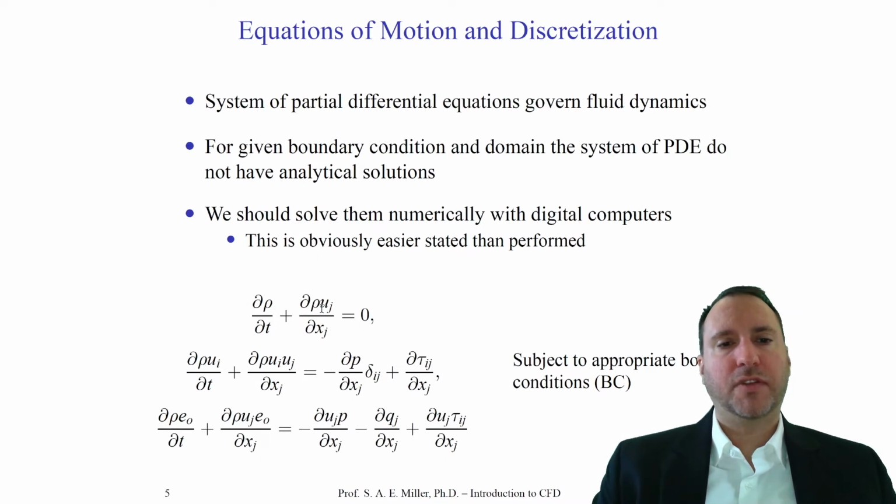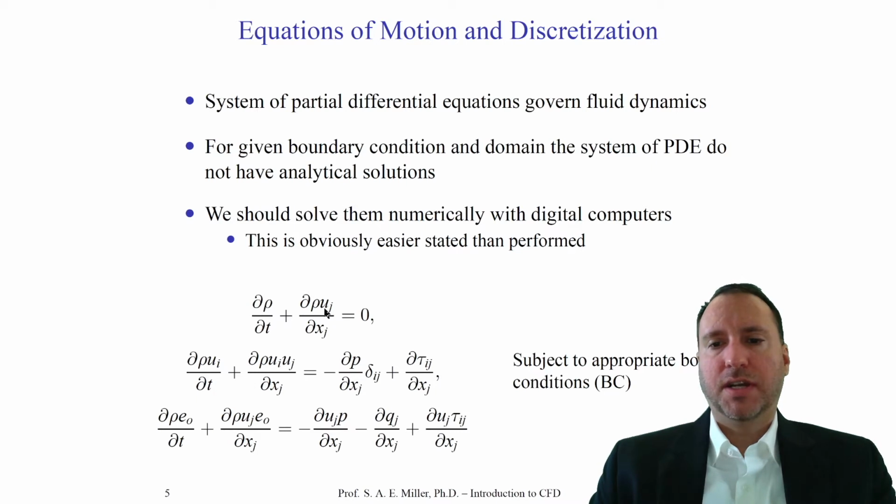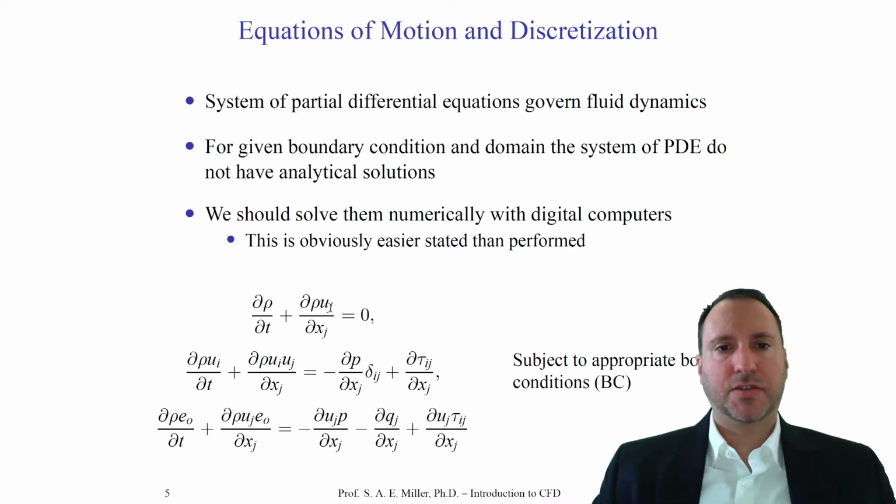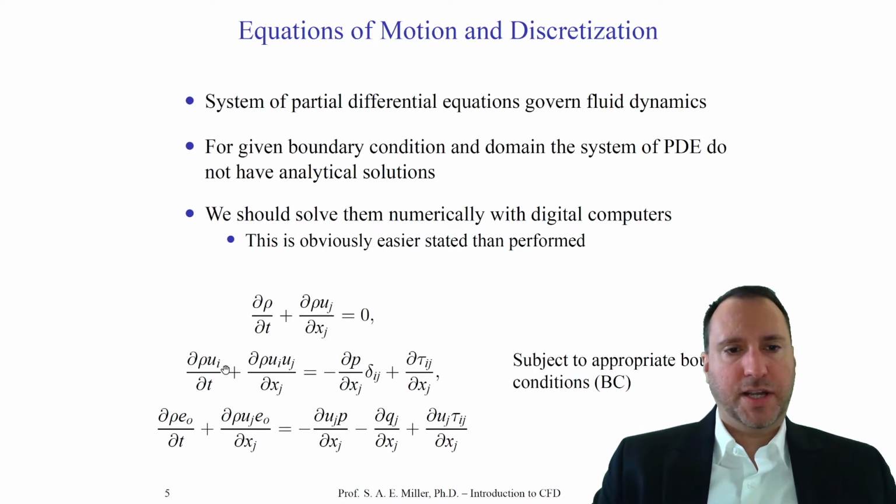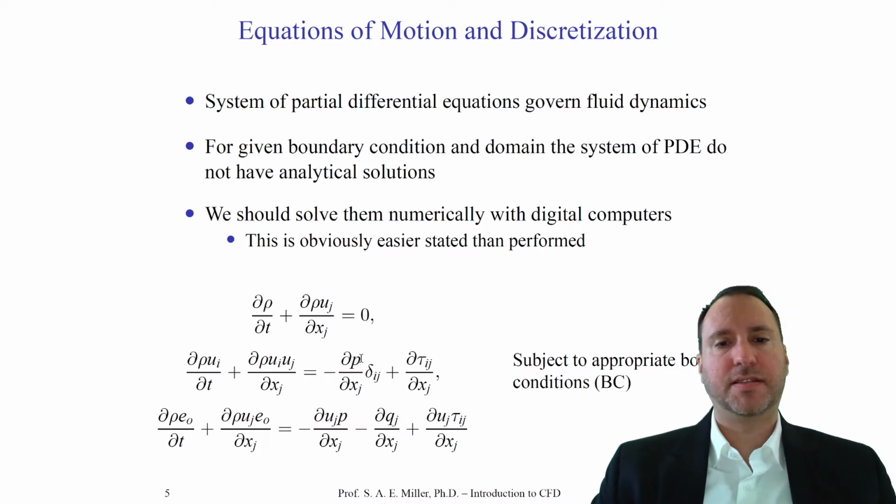U will be velocity. The sub j indicates which direction the velocity is in this case. j equals 1 would be in the x direction, j equals 2 the y direction, and j equals 3 the z direction of the velocity components. In the second equation, we have some other variables we haven't defined yet. There's P, that is the static thermodynamic pressure.